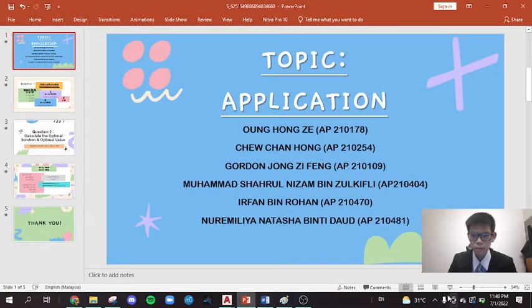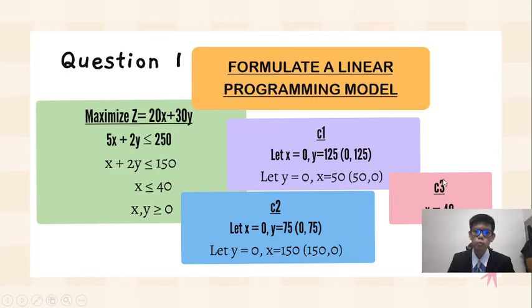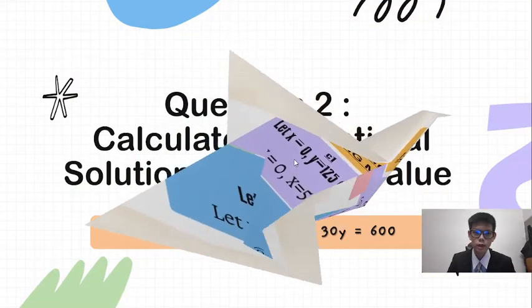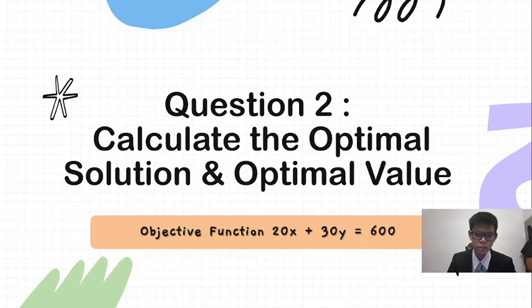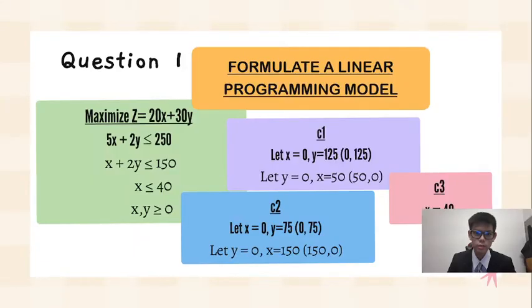In linear programming we have to see our objective function. So the objective function is this one. We have to maximize it. Okay, we got these 3 constraints.